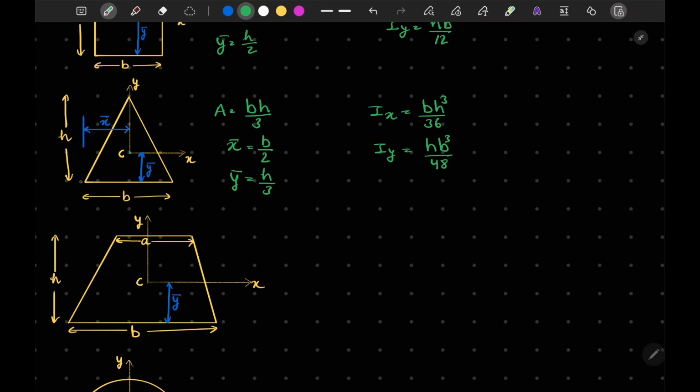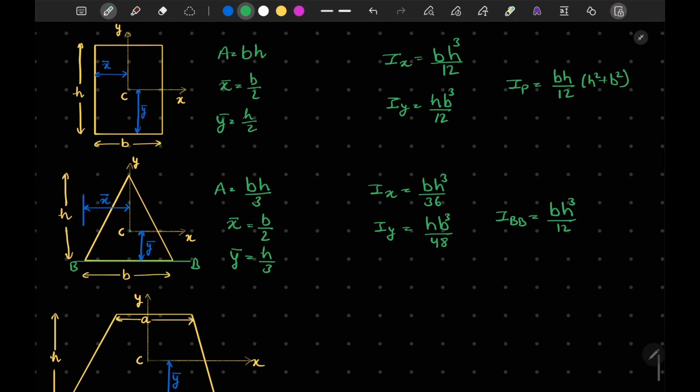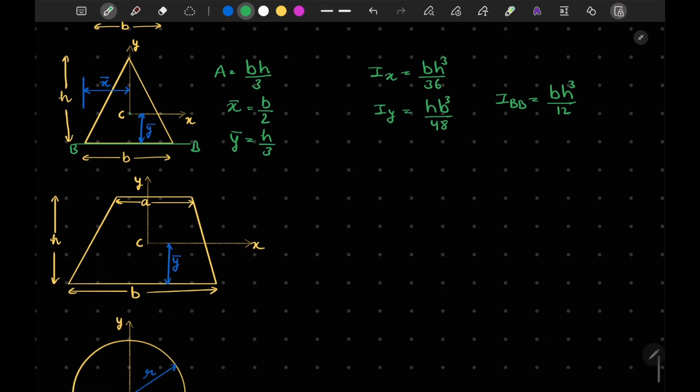And of course, if I want to calculate the moment of inertia about this axis, let's say this is our BB axis, I can simply write I about BB is equal to bh cube by 12. This is similar to that of a rectangle.